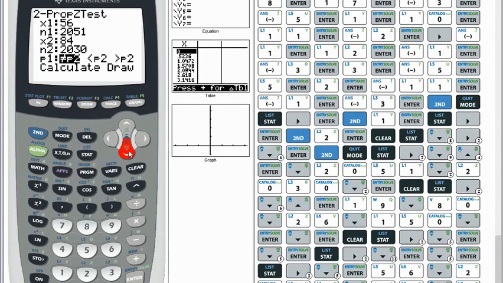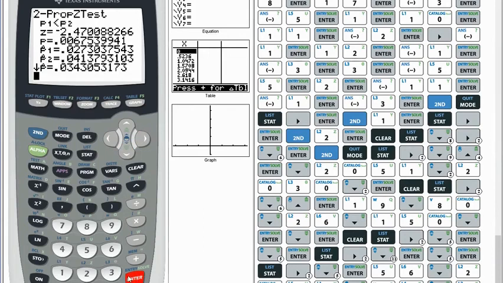And then I needed to look at my P1 being lower than my P2. And that number comes out. There's my Z test statistic, my p-value of that happening, my P1, my P2, and it's been pooled because I was doing a test of no difference. And then, of course, you could do an interval for that if you wanted, and you would not pool on an interval.